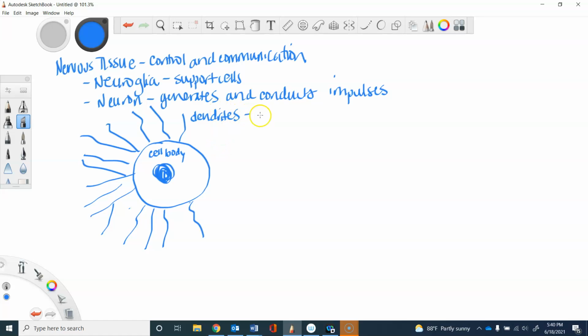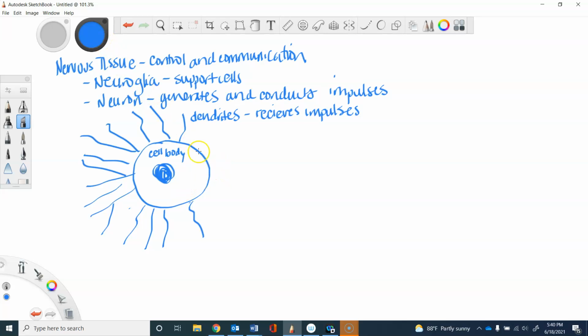And dendrites receive impulses. Okay, so they're the receiving part of the neuron. So impulses come into the dendrites and are funneled into the cell body.